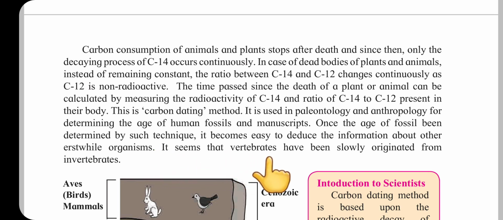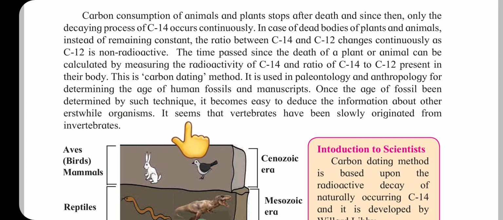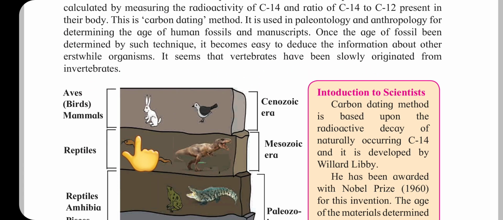It seems that vertebrates have slowly originated from invertebrates. This evidence shows that vertebrate animals slowly originated from invertebrate animals.